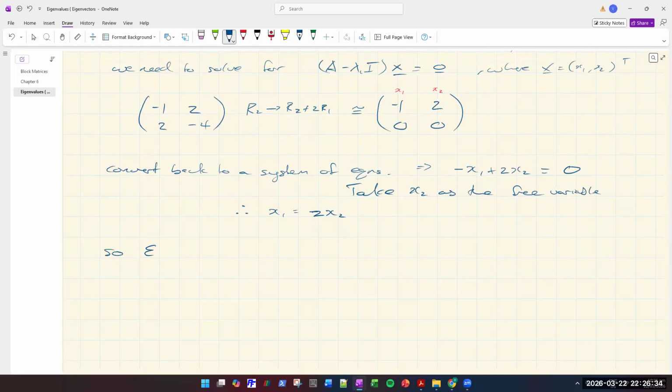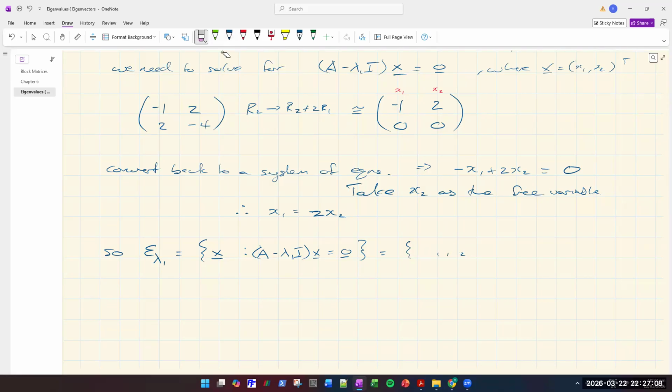So the eigenspace corresponding to lambda 1 is the set of all vectors x such that A minus lambda 1 I times x equal 0. We just found what these vectors look like. So this is all vectors of the form x1, x2.